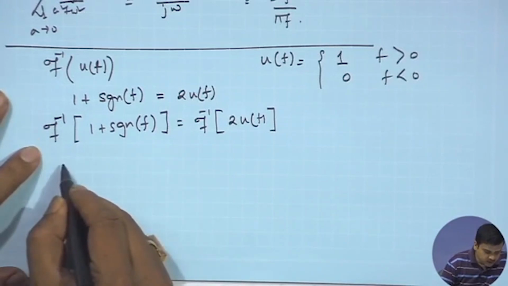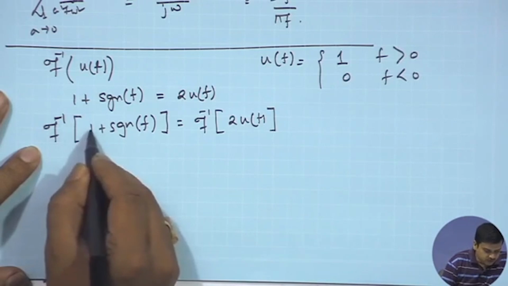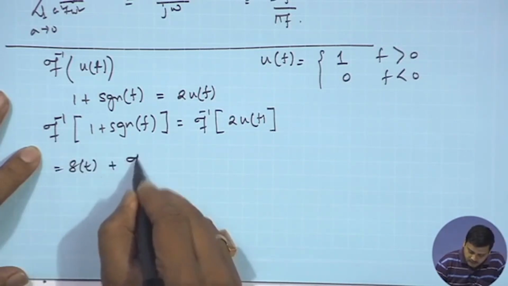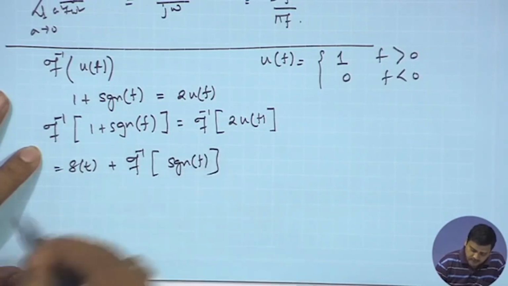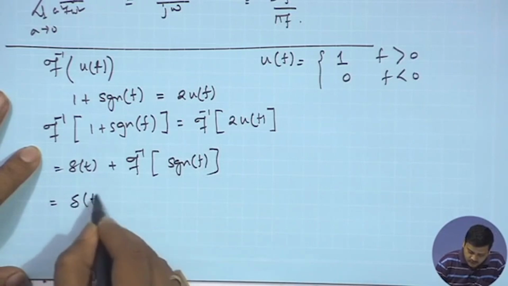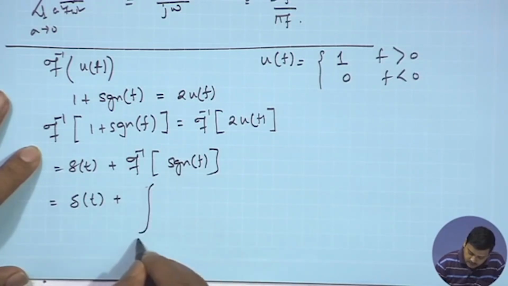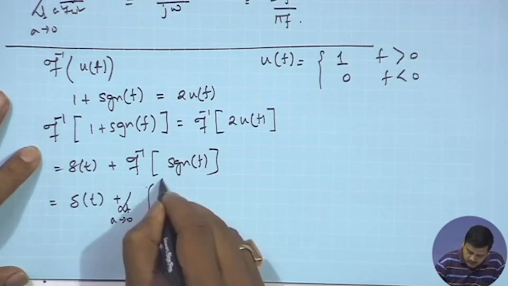You should be able to calculate this, as the Fourier inverse of 1 would give you a delta of t, and then you are left with the Fourier inverse of sgn of f, which is equal to delta of t plus the inverse Fourier, limit a tends to 0, from minus infinity to infinity.